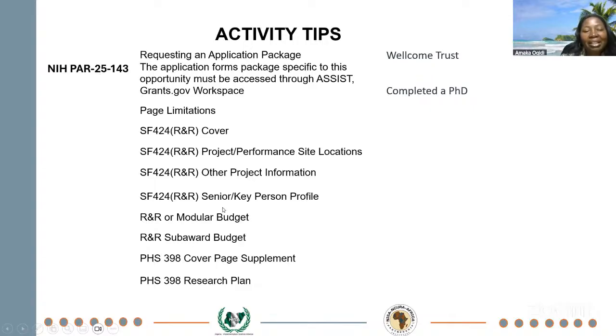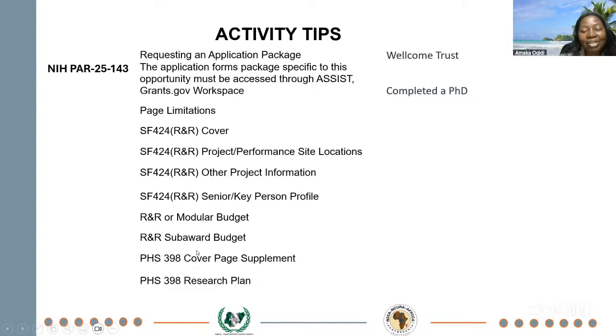We could see the areas where they listed the documents and the instruction that for you to submit your responses, you must access the forms that you're going to use through Assist. Through Assist, you're going to access the forms. See, the application forms package specific to this opportunity must be accessed through Assist or grants.gov workspace.